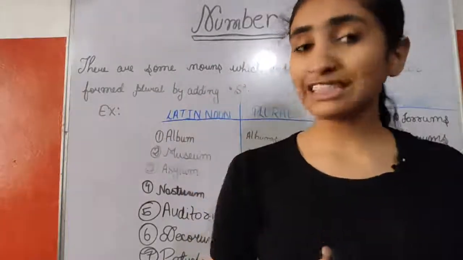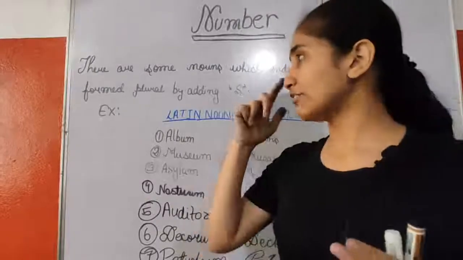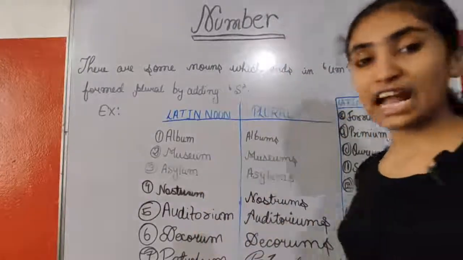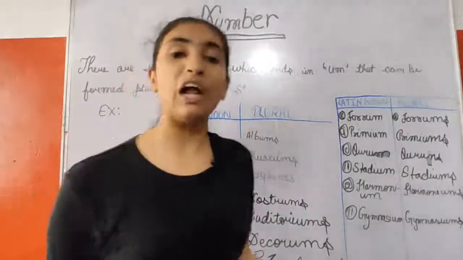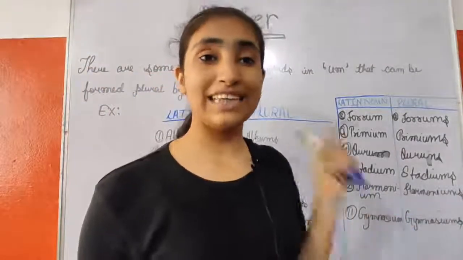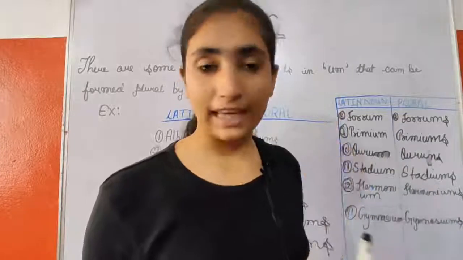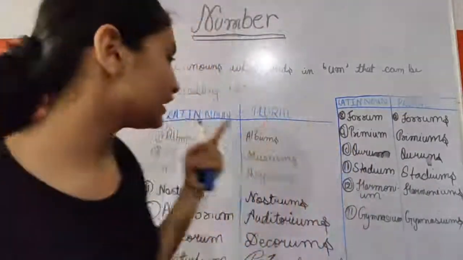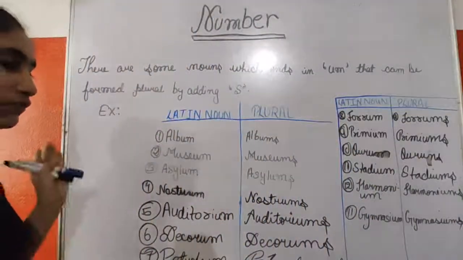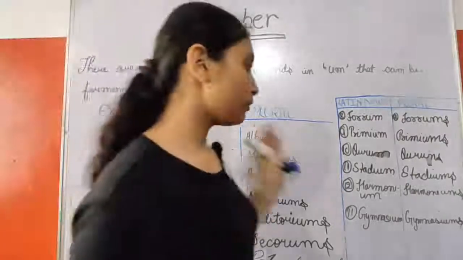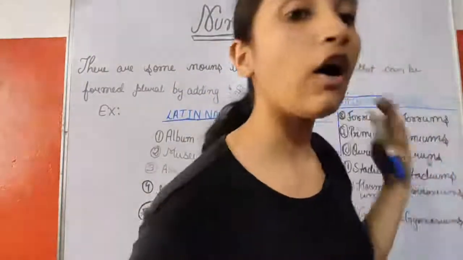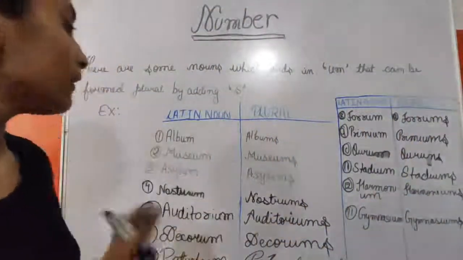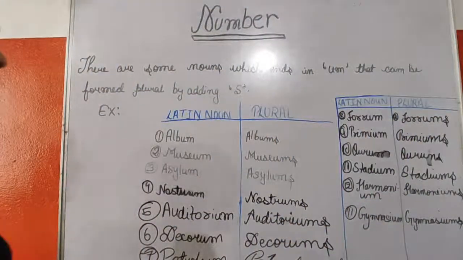In our previous rule, we studied that there are some Latin nouns which end in um and are formed plural by replacing um with a. But here there are some Latin nouns which can be formed plural by adding s to the um, and they always end in um. Let's understand it by example.